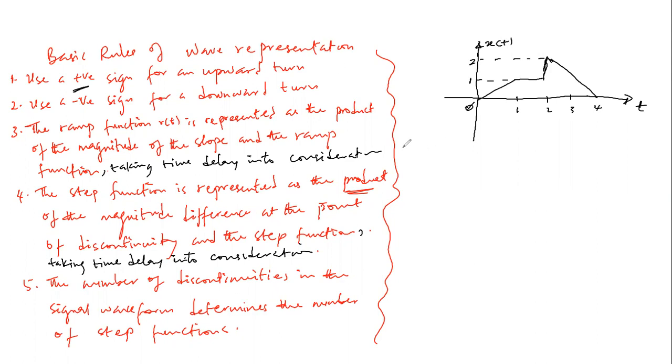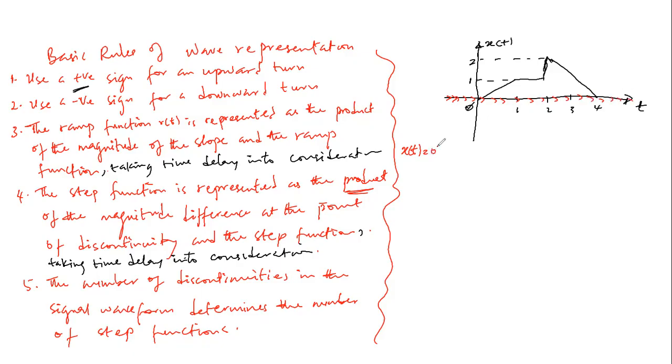So for us to evaluate or provide the mathematical representation of this waveform, we have s of t to be the same as, now we have to trace from left to right. So it comes in from 0. This keeps going all the way.